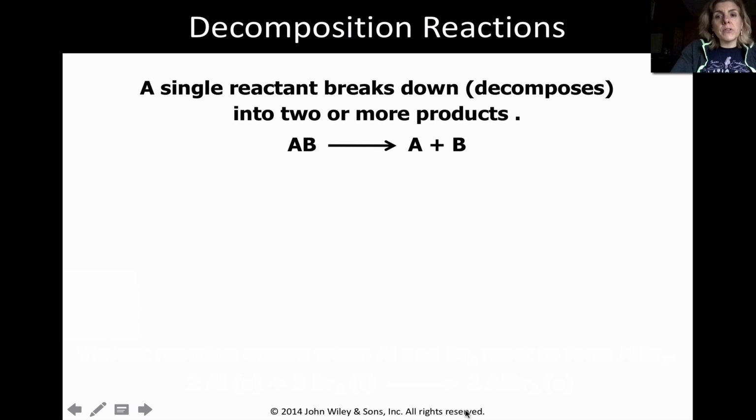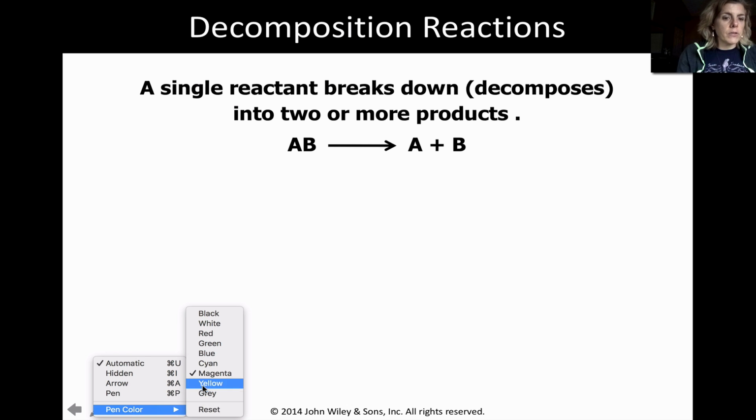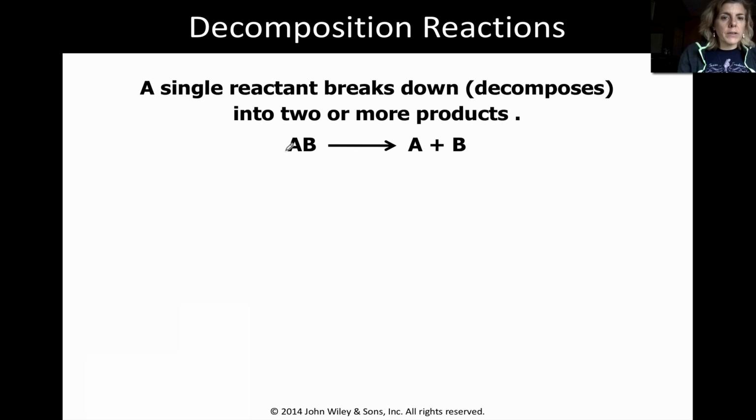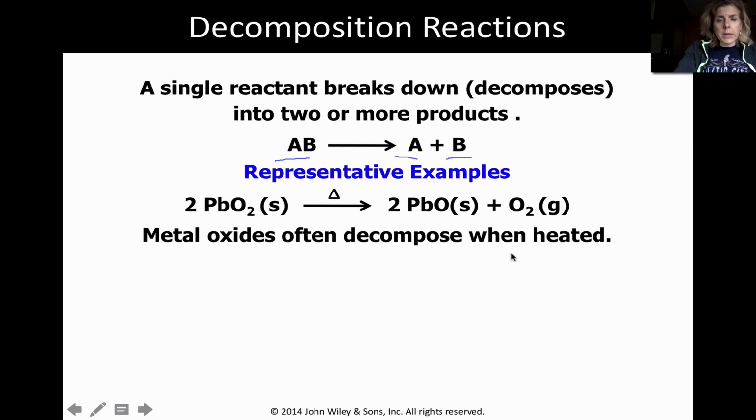Okay, decomposition is the opposite of combination or synthesis reactions. With decomposition, we're always talking about a single reactant and it forms 2 products. So it's the opposite of a combination reaction. Here we have metal oxides. If you heat metal oxides, they typically form oxygen as their product, and you're left with lead 2 oxide.